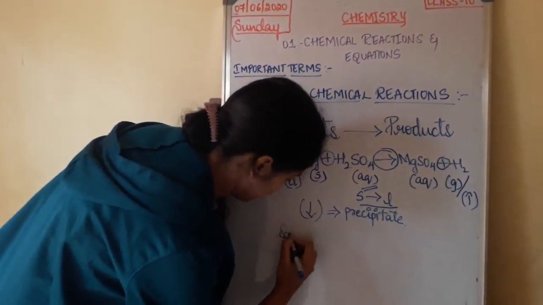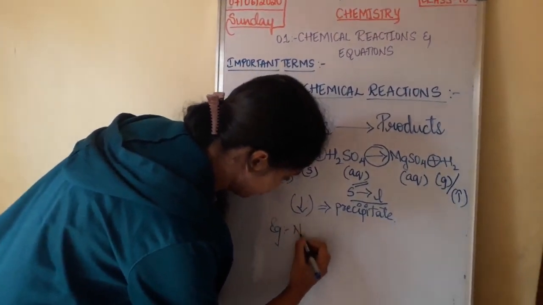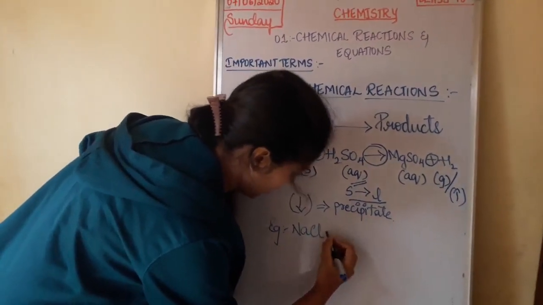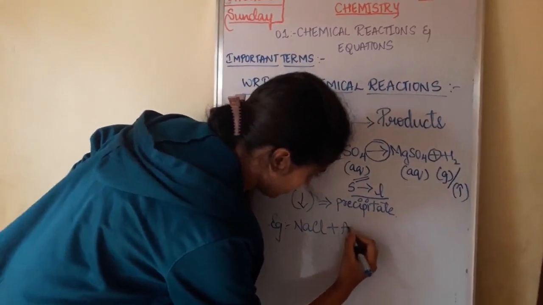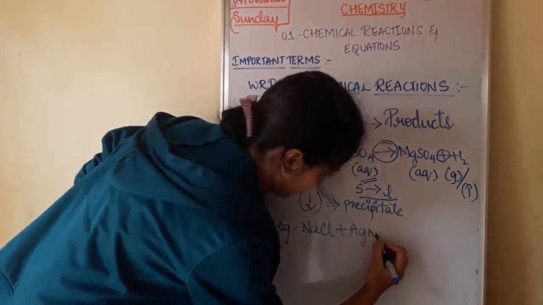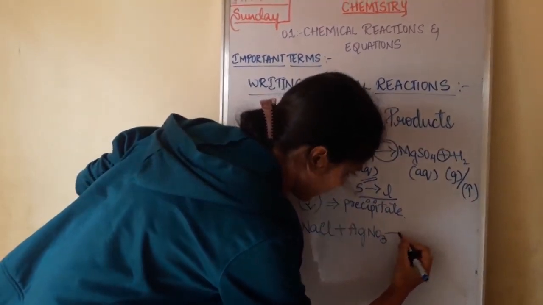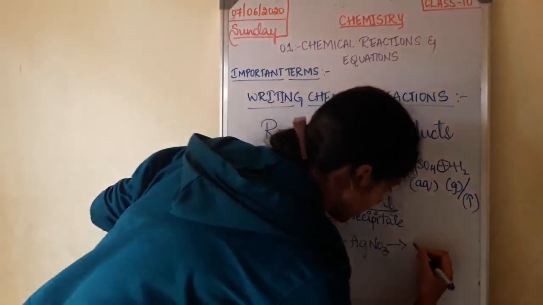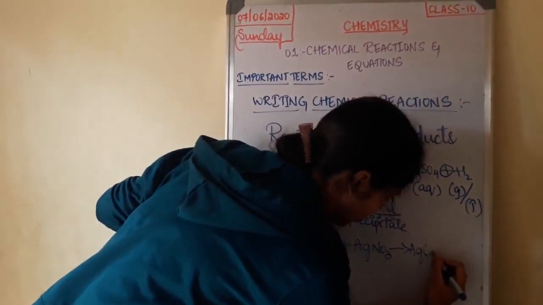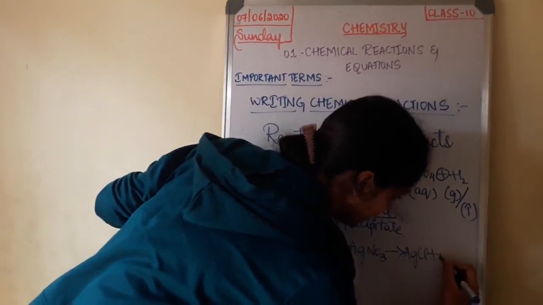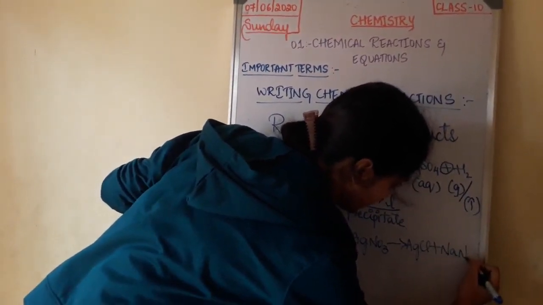I have sodium chloride plus silver nitrate, that gives me silver chloride and sodium nitrate.